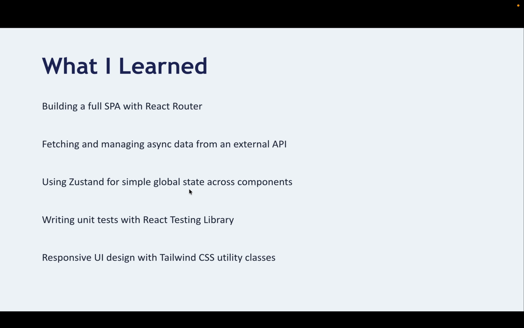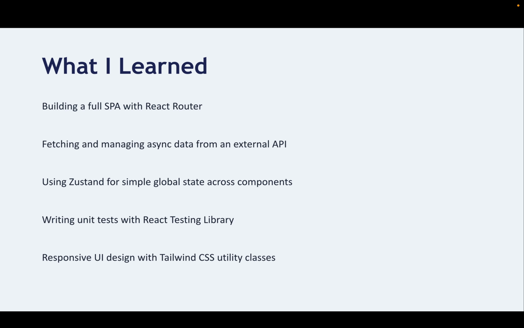So what I learned: I learned how to create a single page application using React and React Router, fetching and managing data from an external API, and using Zustand for global state across components. I was new to Zustand, so this is something that I had to learn from zero. Also writing unit tests.